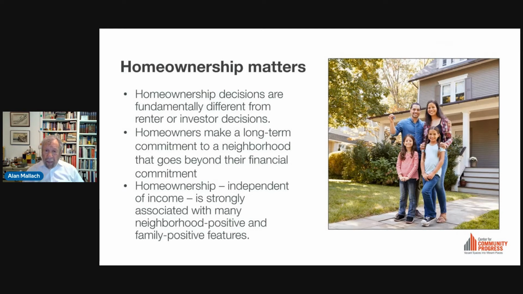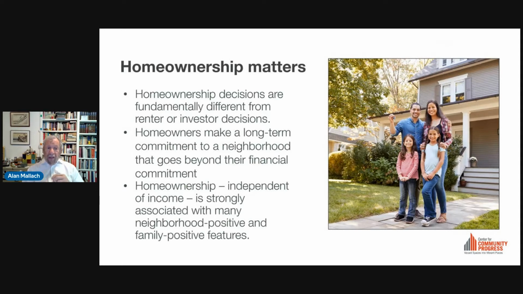For an investor, looking at a house in a neighborhood is basically a question of, can I make enough money off this house to justify how much I have to pay for it and how much I might have to put into it in repairs? So in other words, it's a purely arm's length business transaction. The investor rarely has any more interest in that neighborhood than the return that he or she can get from that house.